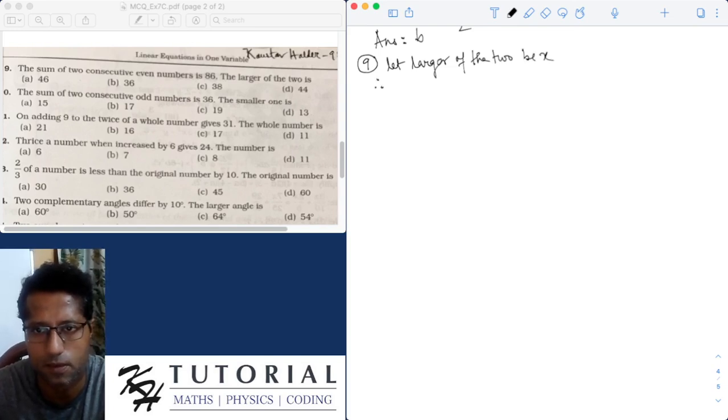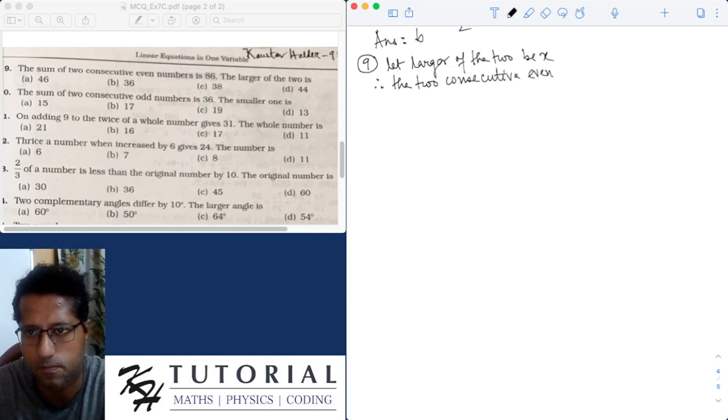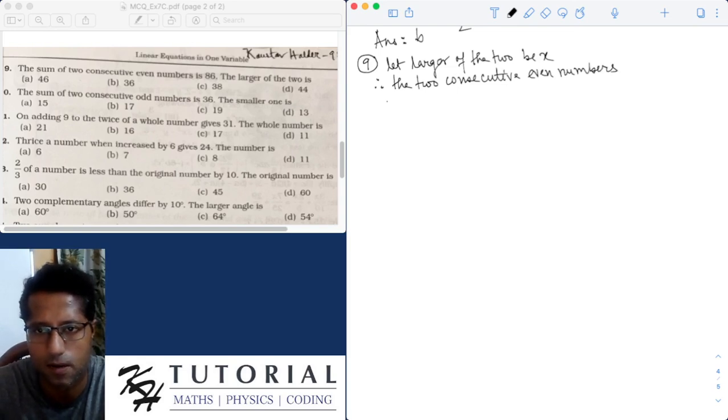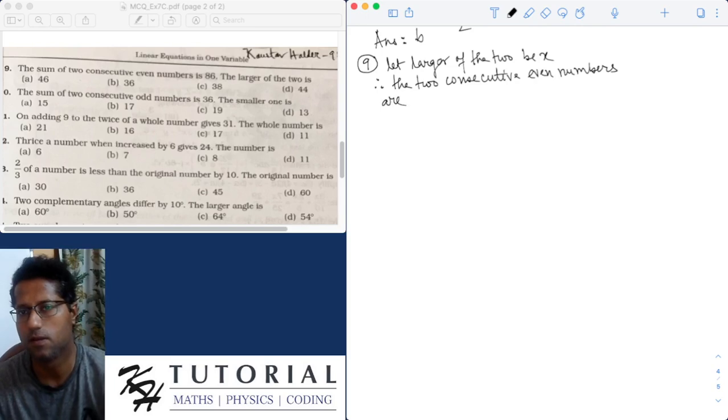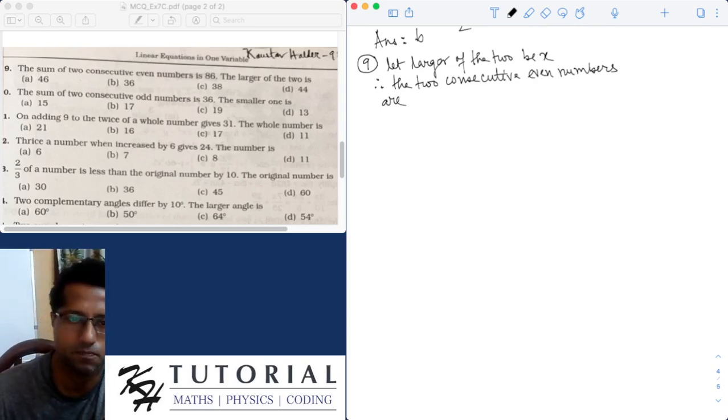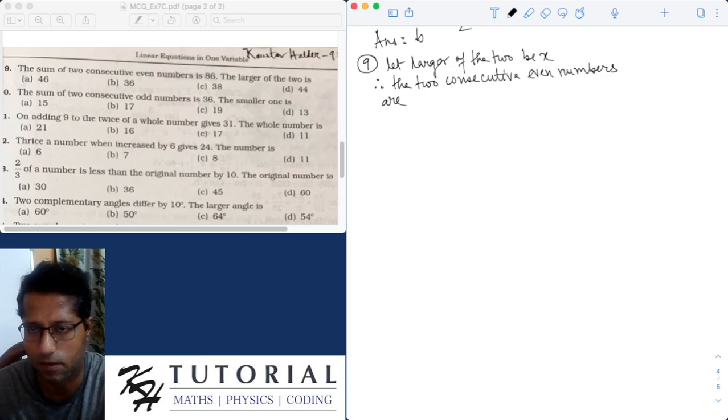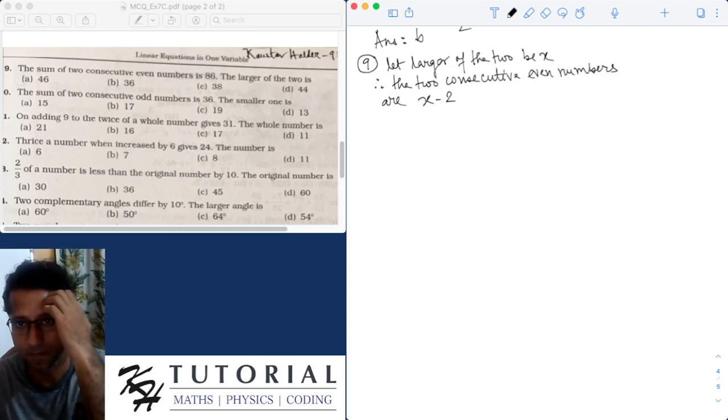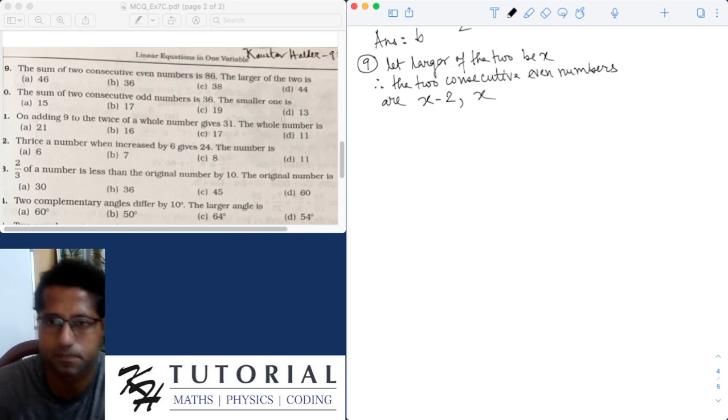Therefore, we can say the two consecutive even numbers are, since x is the larger one, its previous even integer will be x minus 2. So the two consecutive even integers will be x minus 2 and x.